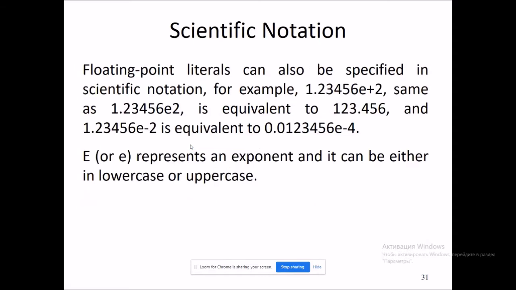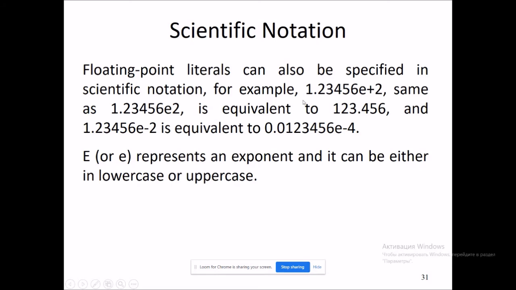Scientific notation. Floating point literals can also be specified in scientific notation. For example, if you see that this number comes with +2 or E2, it's equivalent to this number.